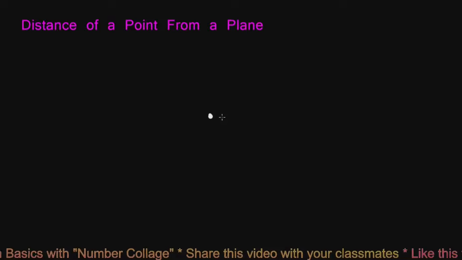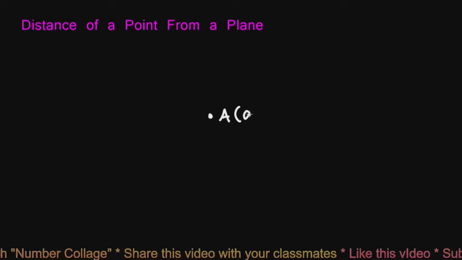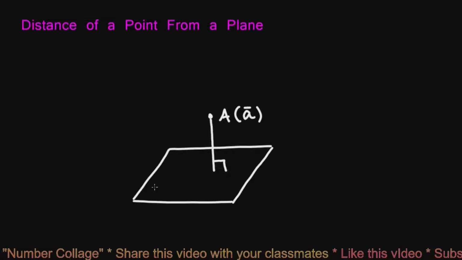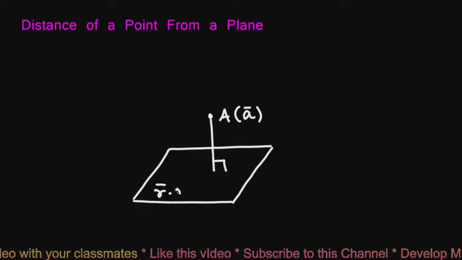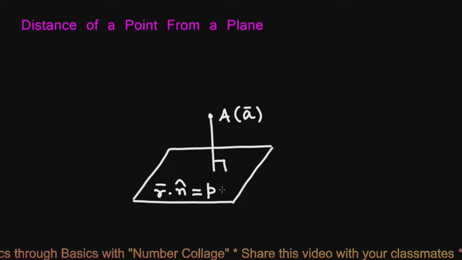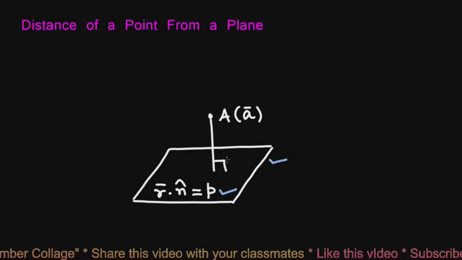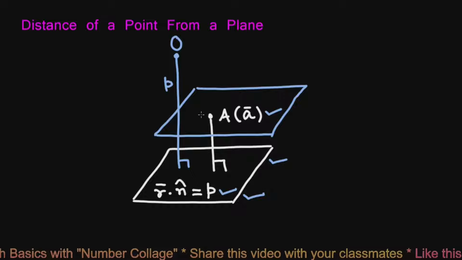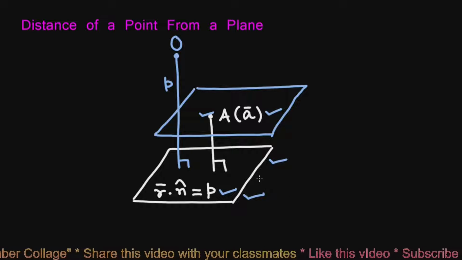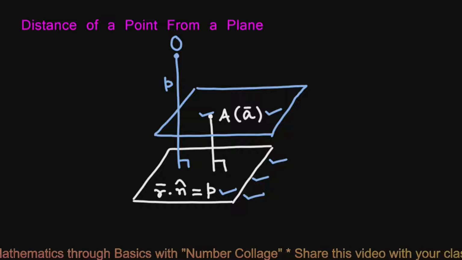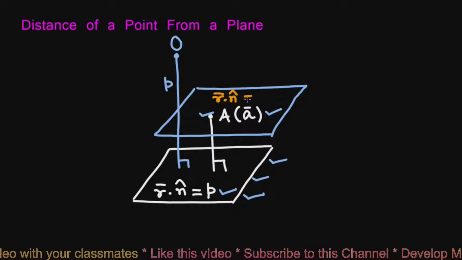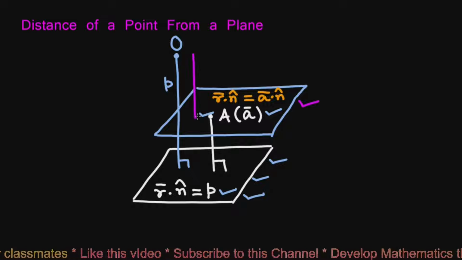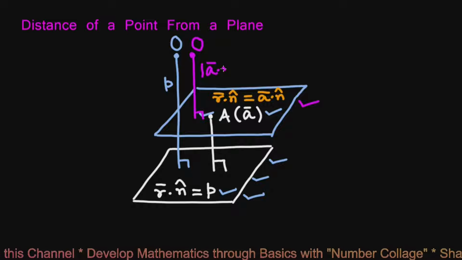Consider a point A whose position vector is a bar, and we have to find the distance of this point from a plane whose equation is r bar dot n cap equals p, where this p is the distance of this plane from the origin O. We will draw another plane passing through the point A and parallel to the given plane, whose equation will be r bar dot n cap equals a bar dot n cap, and the distance of this plane from the origin will be mod a bar dot n cap.